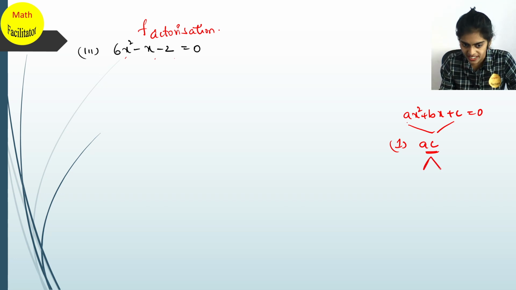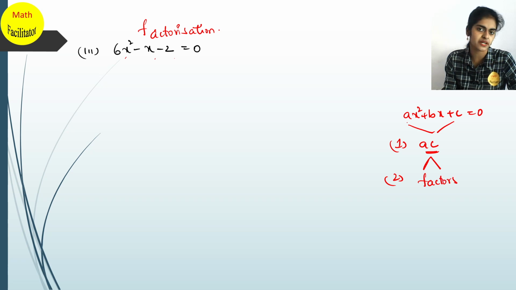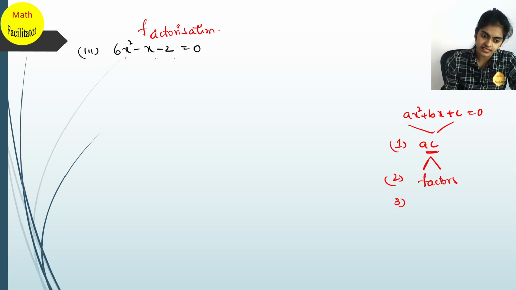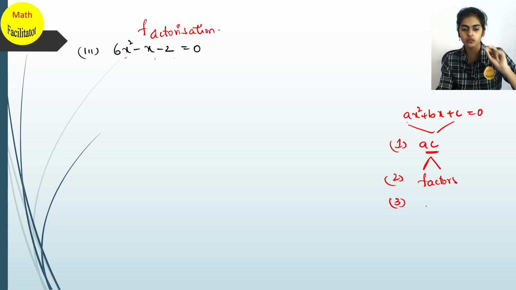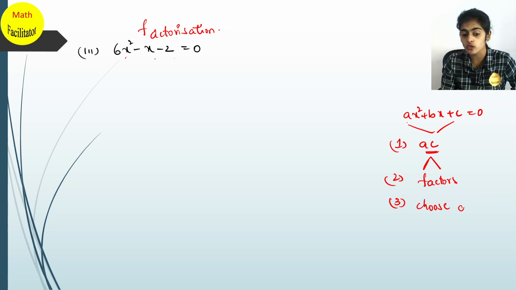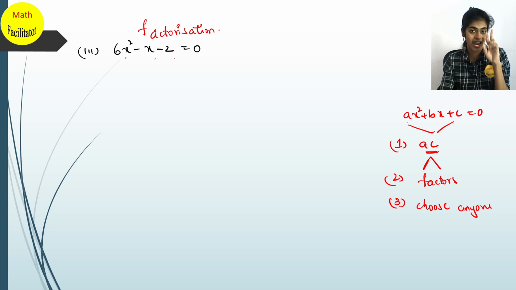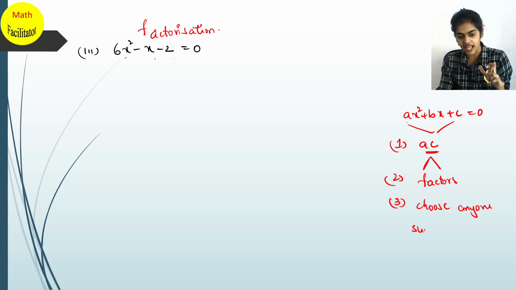Then what will you do? Second, you will split the product you are getting into factors. Third step, you will choose any one combination of factors. And how will you choose the combination? If you add those two factors, the sum of the factors should be equal to the middle term.